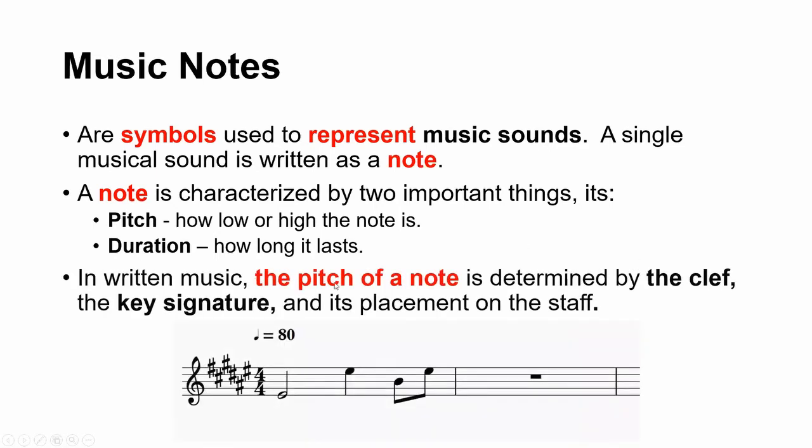So in written music, the pitch of a note is determined by the clef, the key signature, and its placement on the staff. So let me draw here so that it's clear.